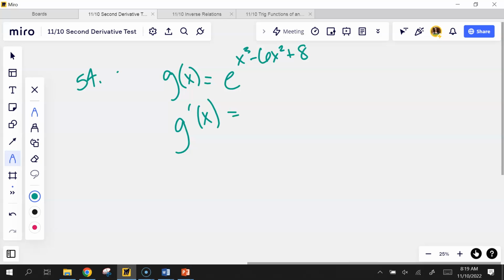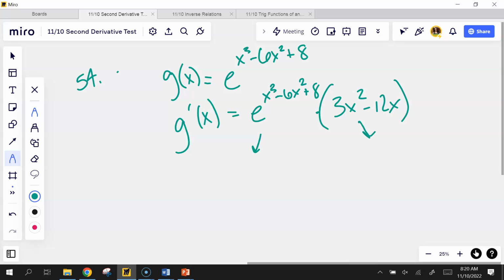All right, so e to the anything, the derivative is e to the anything times the derivative of the anything. So 3x squared minus 12x. Since this is two things multiplied together, I can set each one to 0 to find out where it's 0, right? When does this equal 0? Well, when one of them equals 0. E to all of this mess, when will that equal 0?